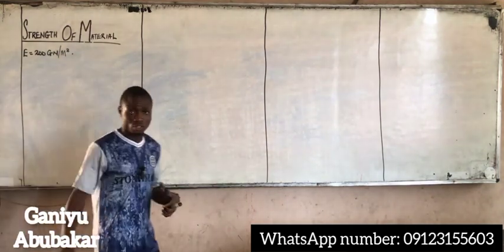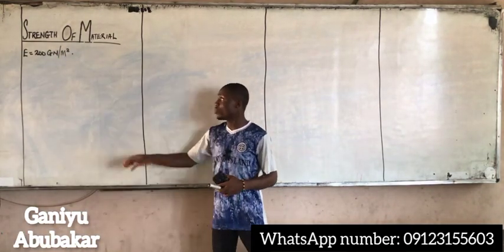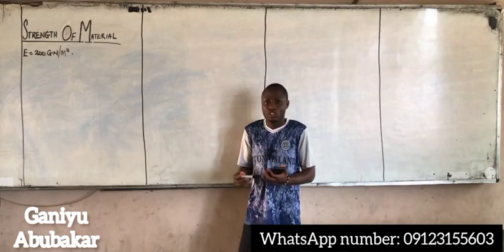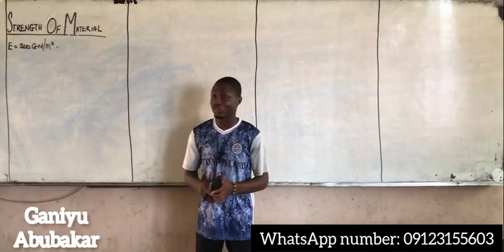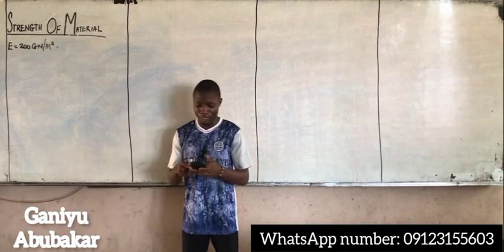This is your modulus. So take E to be 200 giganewton per meter square.